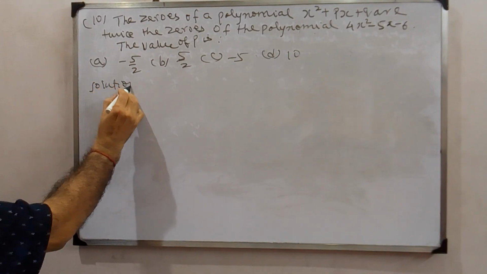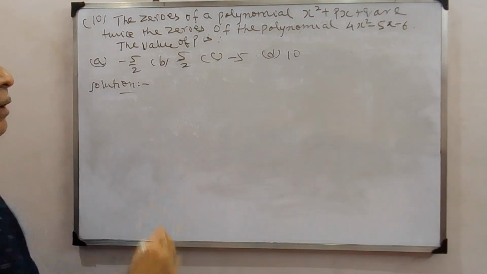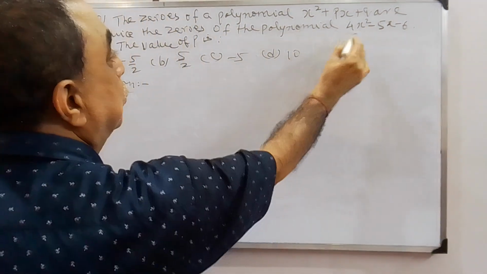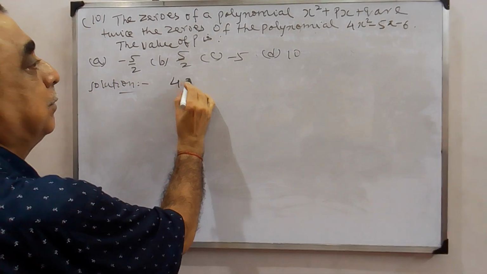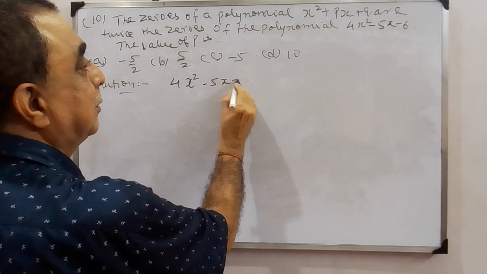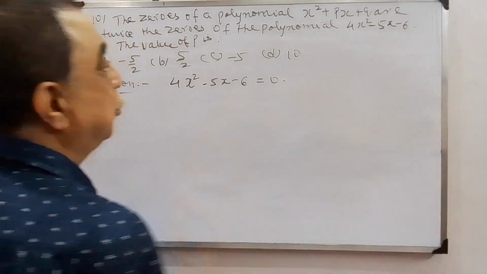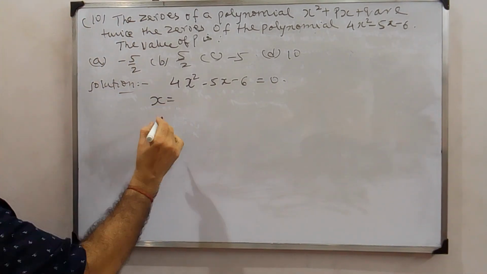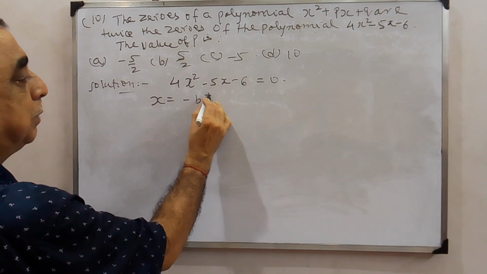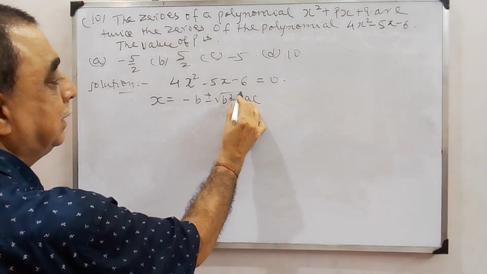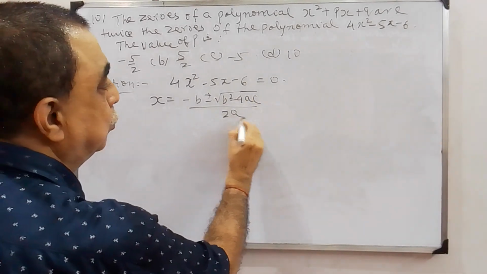Zeros means the roots. So the roots of this equation we have to get first. 4x squared minus 5x minus 6, equate it to 0. How do we get the roots? The roots formula is minus b plus minus square root of b squared minus 4ac, whole divided by 2a.